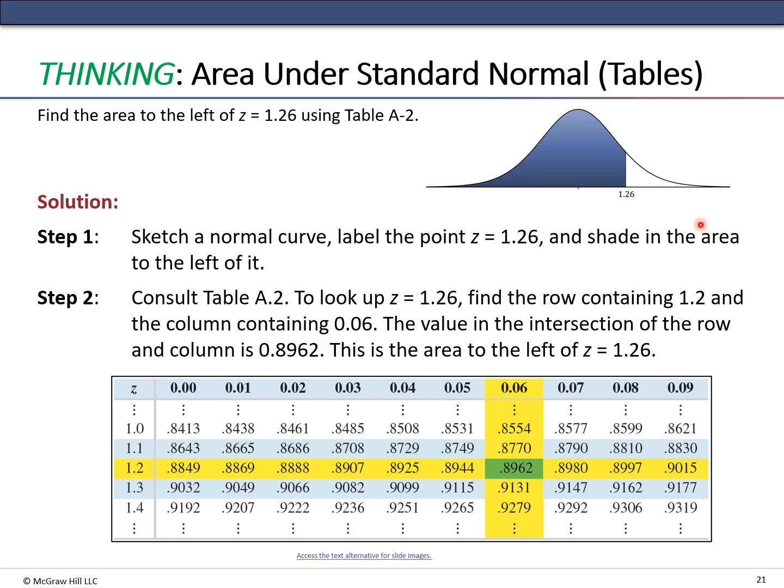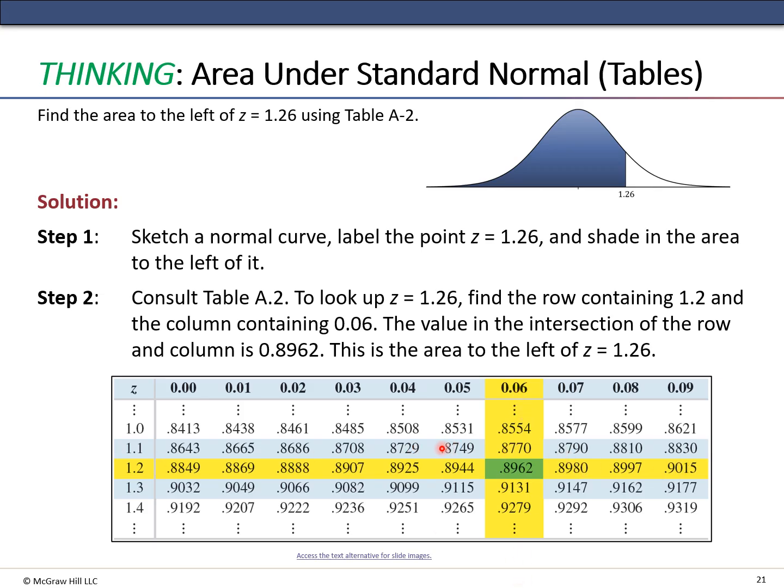If we look at table A2 and go down to the area for 1.26, the columns have 1 decimal place, so we need to find the z-score of 1.2. That's this one right in the middle. And then we need to go over to 0.6, so we get 1.26, which I've highlighted.